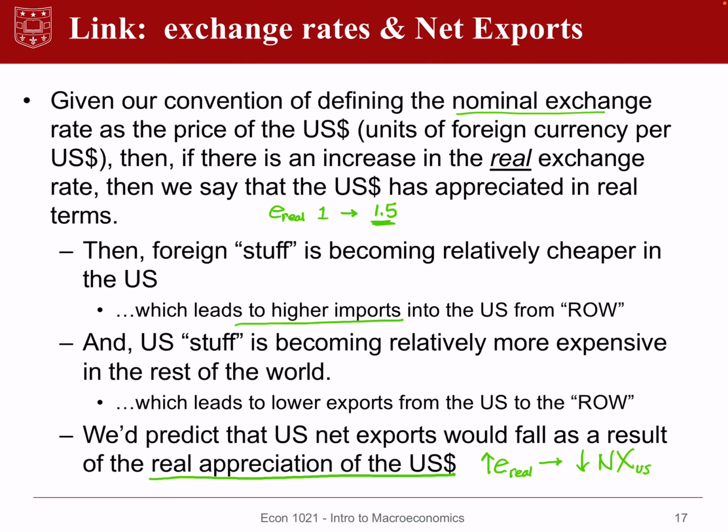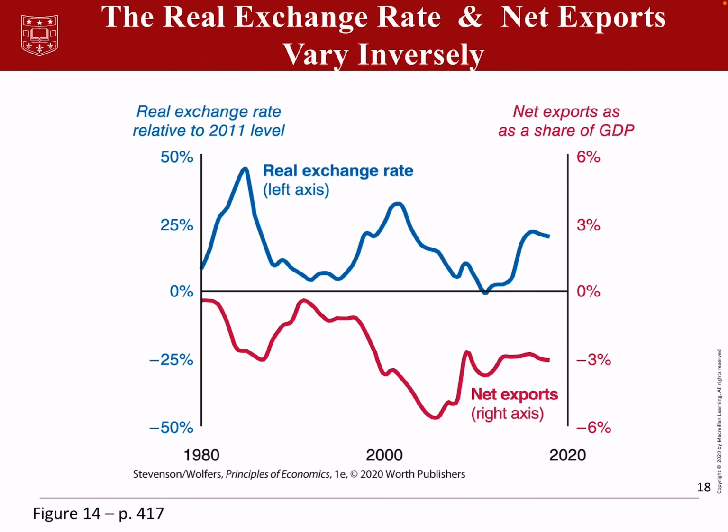And so, do we see that? Yes, we do. So let's see. This is figure 14 from the textbook, and what you can see is the real exchange rate in blue. It's scaled relative to the 2011 level, and the real exchange rate measure being used is the same one that I presented several slides ago.